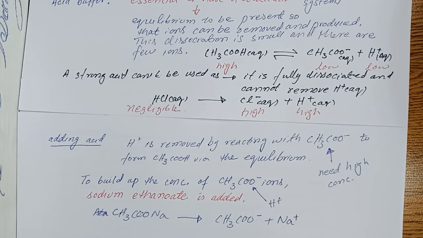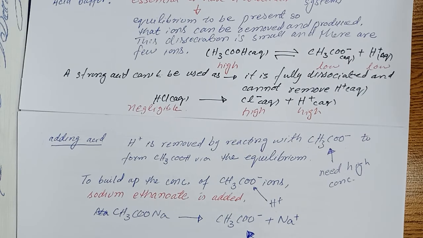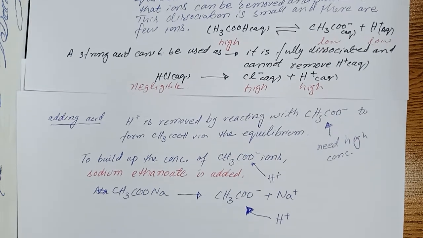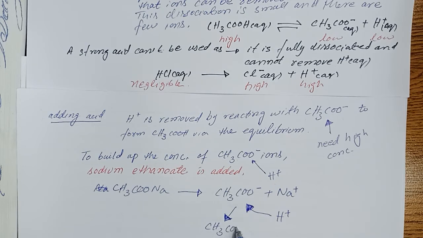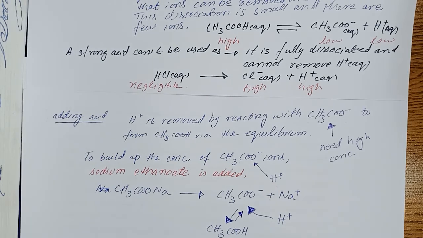By adding hydrogen ion to the solution, these acetate ions will neutralize the pH of the solution by converting the acetate ions into acetic acid through an equilibrium reaction.